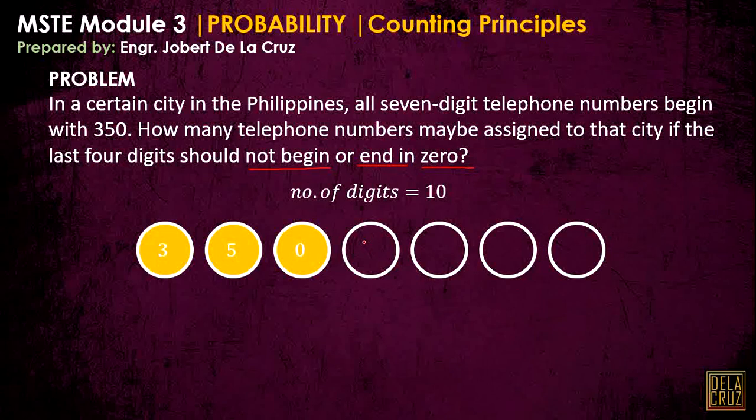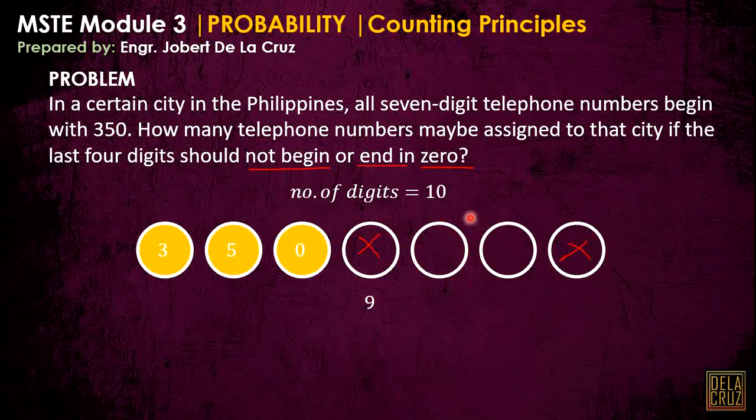That means we cannot place 0 at the beginning and at the end. So out of 10 choices, we remove the 0, from 0, 1, 2, 3, 4 until 9. So 0 is not allowed here. That means the number of possible ways here is only 9. 9 possible numbers can be placed there.